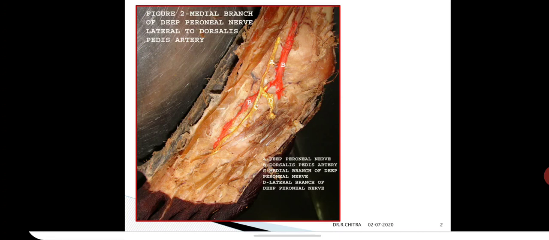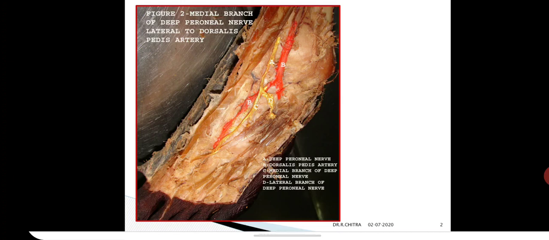First tendon what you are seeing medially on the left side of the picture is tibialis anterior. Then the straight tendon to the great toe is the extensor hallucis longus. Then the extensor digitorum longus and peroneus tertius on the lateral side.